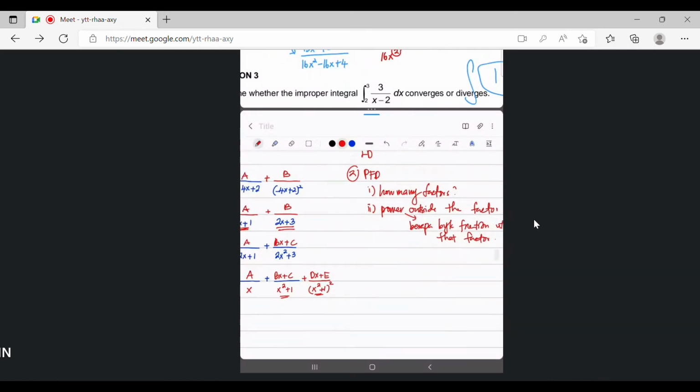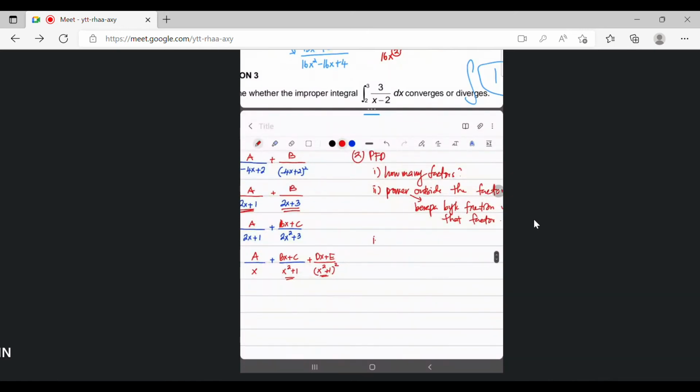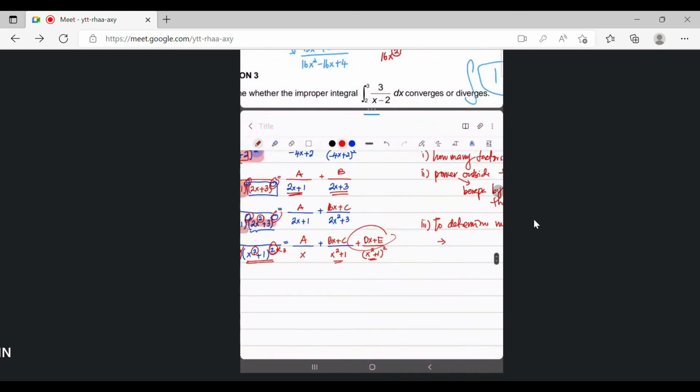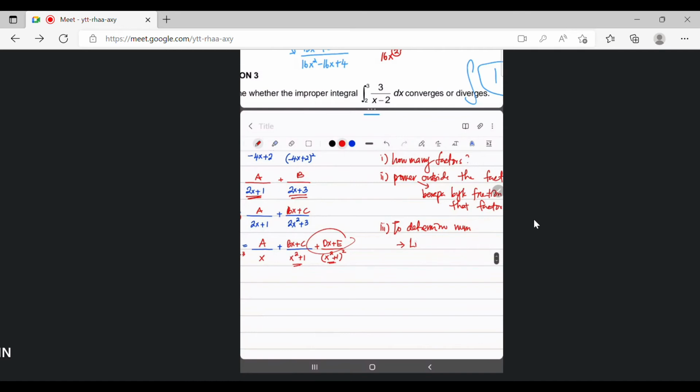Okay. And then, the next one, to determine numerator. Numerator ni apa? Numerator ni yang atas ni lah. Okay, soalan yang korang kena tanya sendiri adalah linear or quadratic.